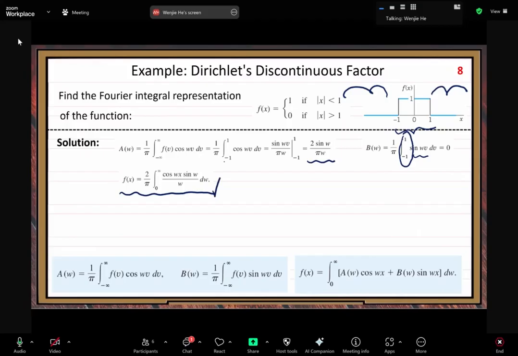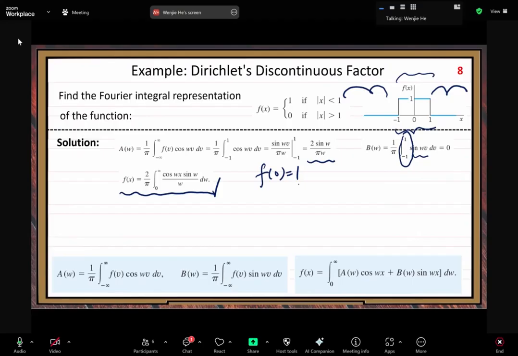Then let us plug in a value to see. The left-hand side is the original function defined here. We can see f of 0 equals 1. So you plug x equals 0 into this formula, and it's correct. The left-hand side is 1.